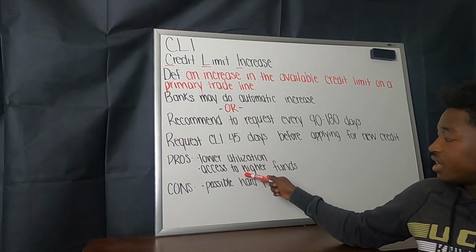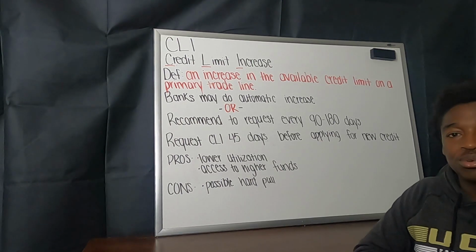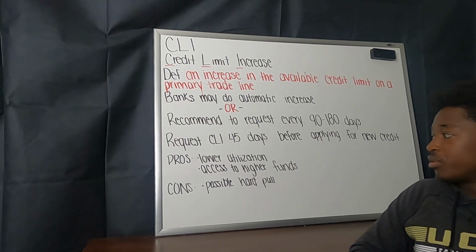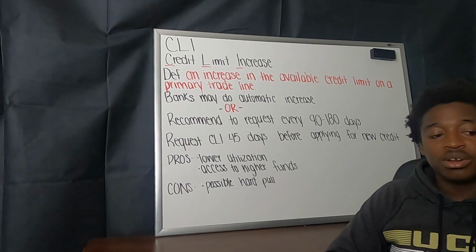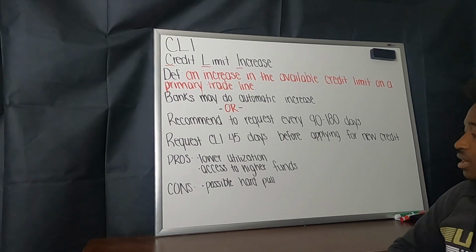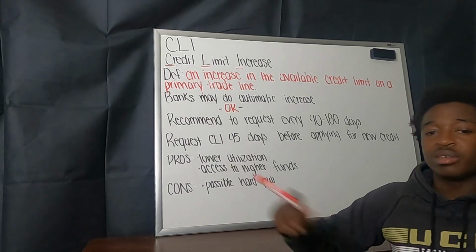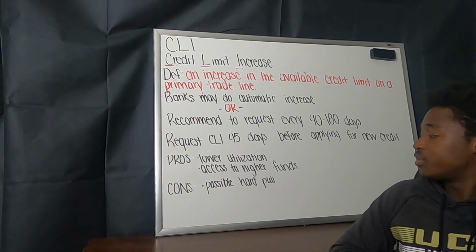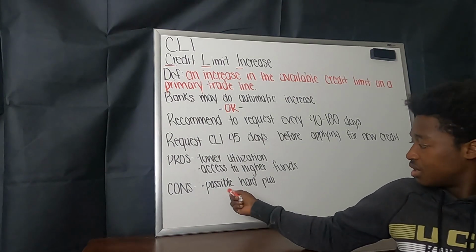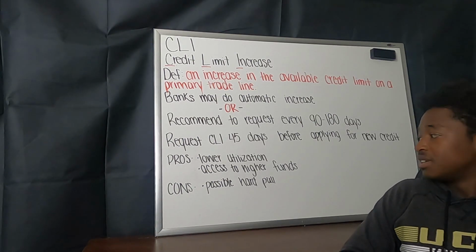This allows you to have access to higher funds or more funds. You're able to use more of your credit cards. You have the ability to pull more from your revolving lines of credit. Your cons that I see for credit limit increases are that you have those possible hard pulls, and also that you could possibly be denied for that increase.